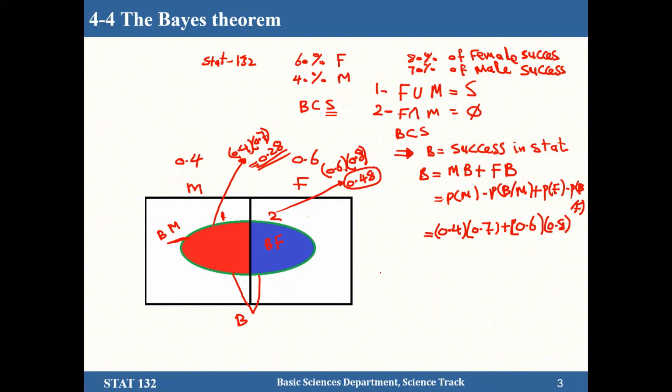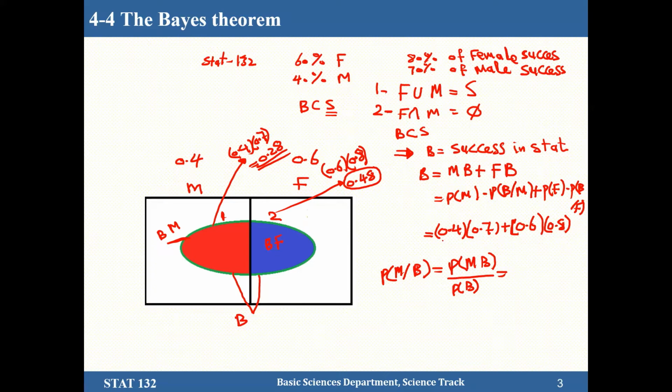Now, if we selected one student, and we already know he passed statistics, what is the probability he is male? It equals P of M and B over P of B. This is P of B: student gets success.